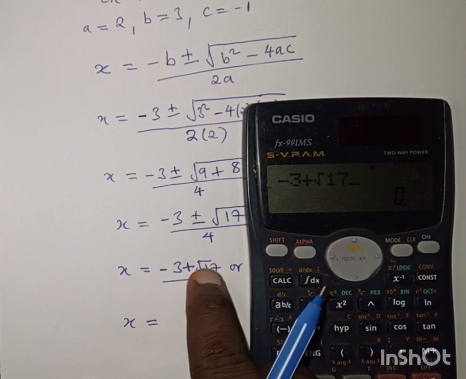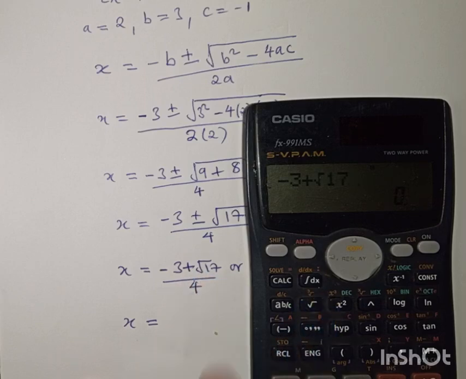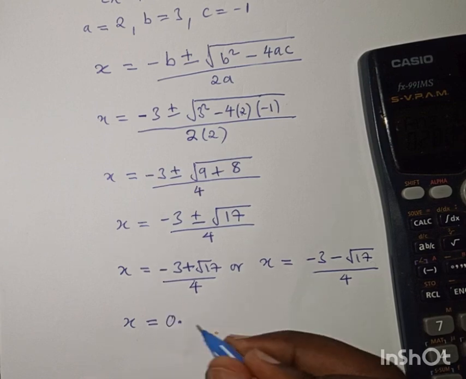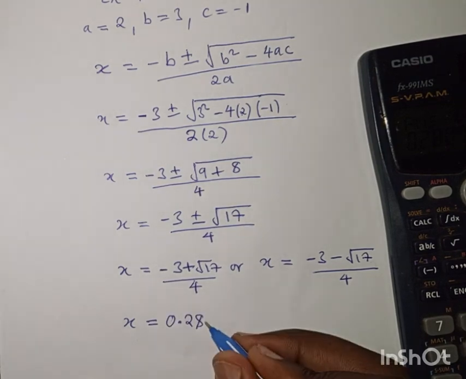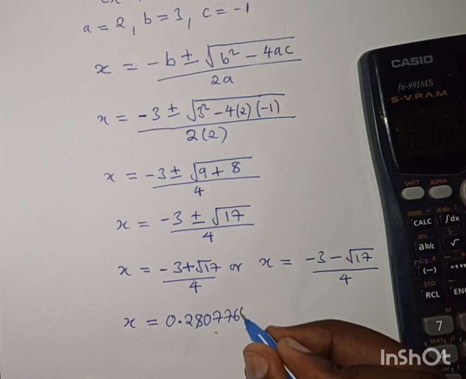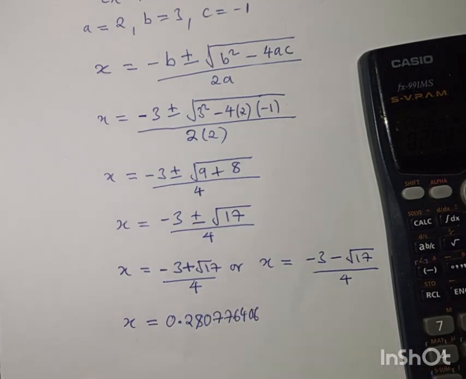First we work out the numerator, then divide by 4. You get 0.280776406.